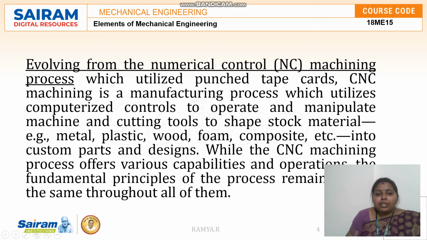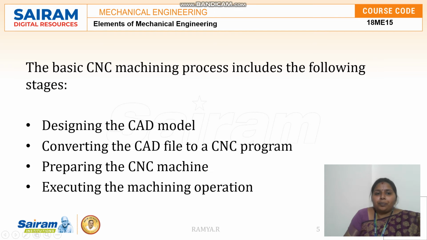While CNC machining offers various capabilities and operations, the fundamental principles of the process remain largely the same throughout all of them. So the basic CNC machine consists of the following stages. We cannot simply feed the program and do the operation. So initially we need to design the CAD model, convert the CAD model into a CNC file, prepare the CNC machine, and execute machining operations.